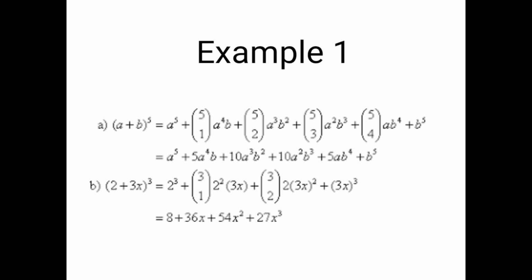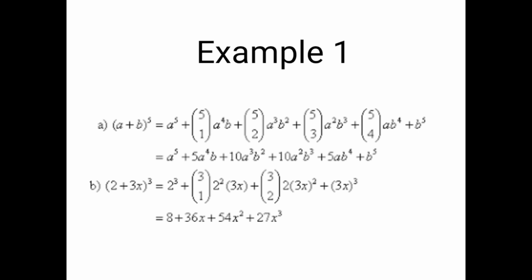Now 5 combination 1 is 5, 5 combination 2 is 10, 5 combination 3 is 10, 5 combination 4 is 5. And then we collect terms and simplify.